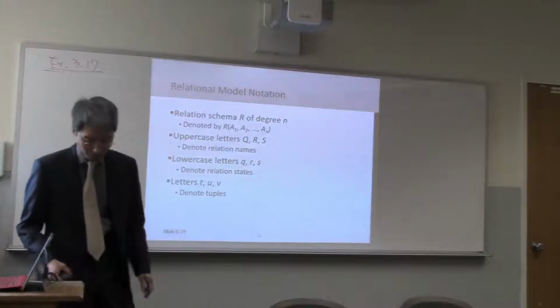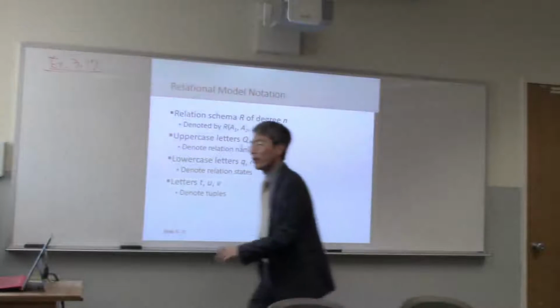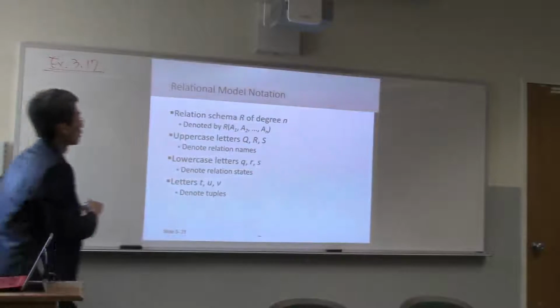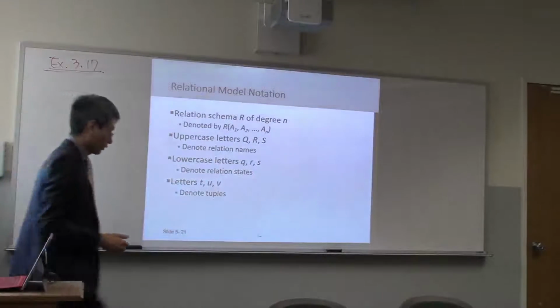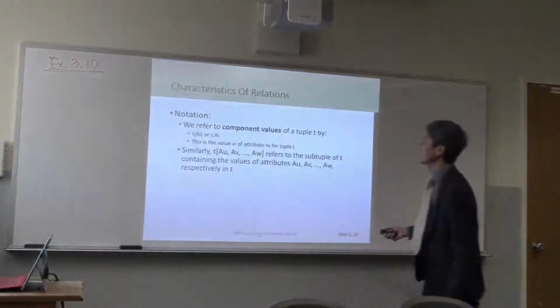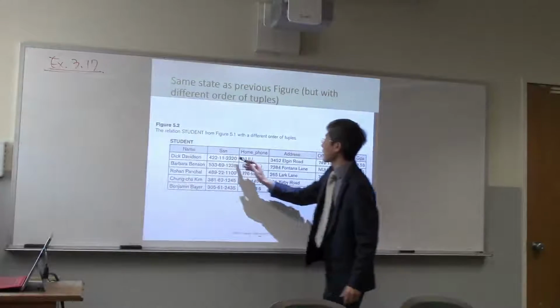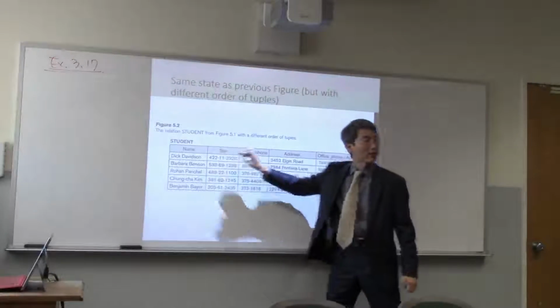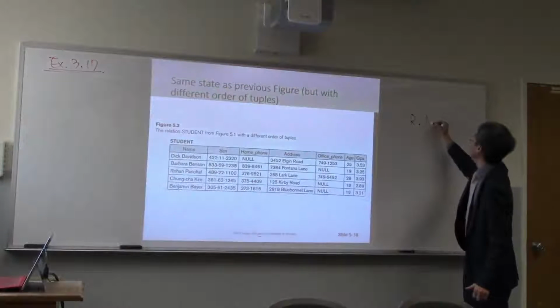Also, in case we have a number of attributes, for example in this example, we have attributes name, SSN, home phone number, and so on. To specify the SSN, we can use relation name dot attribute name.